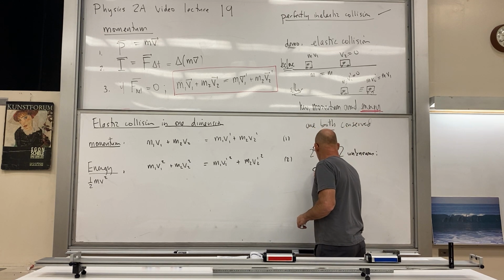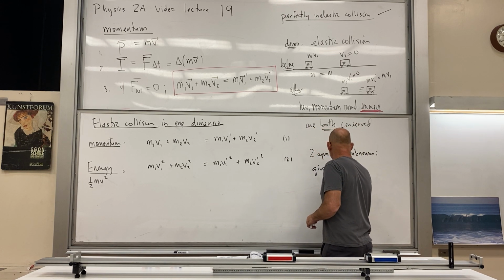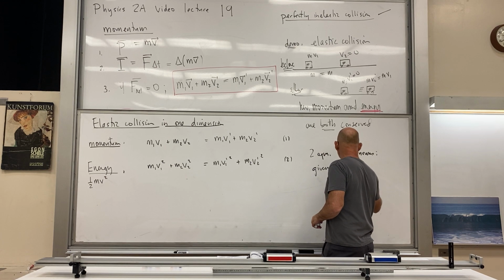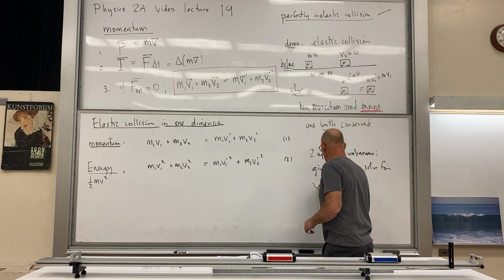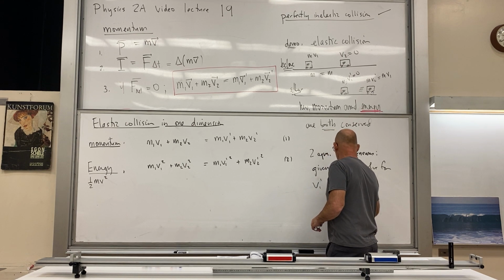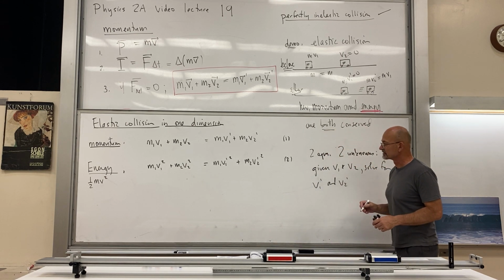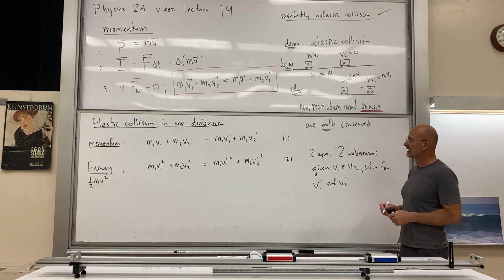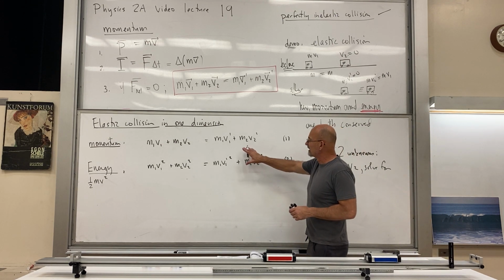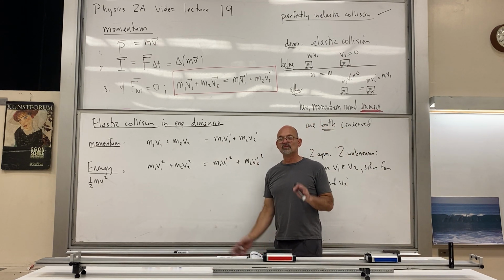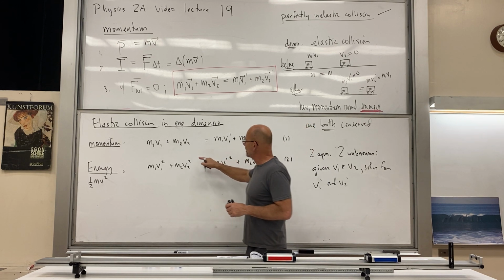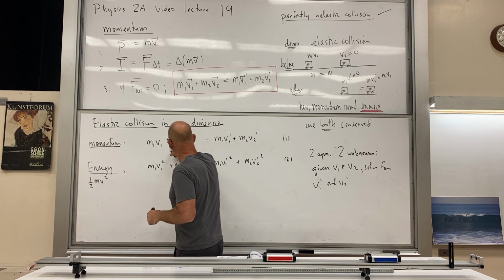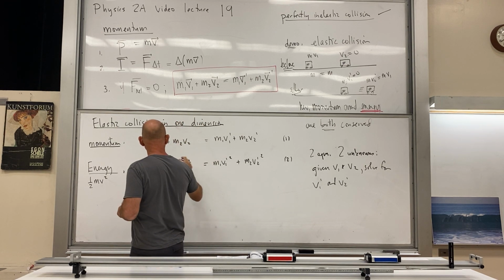So given v1 and v2, solve for v1 prime and v2 prime. That could get pretty tricky, but there is a little trick that's going to make it easier. What we're going to do is rewrite these equations in a certain way.